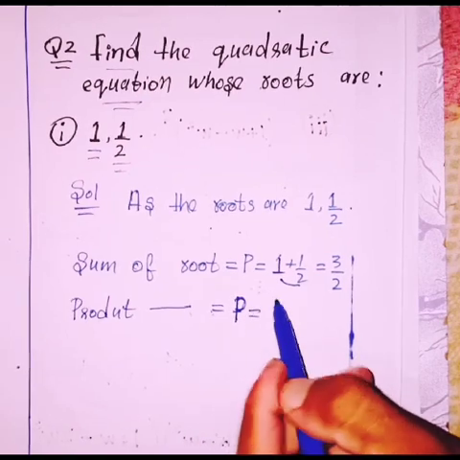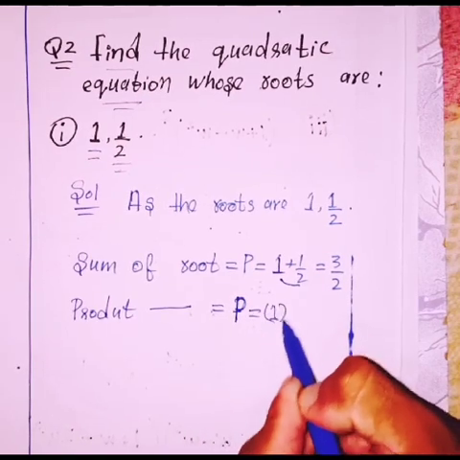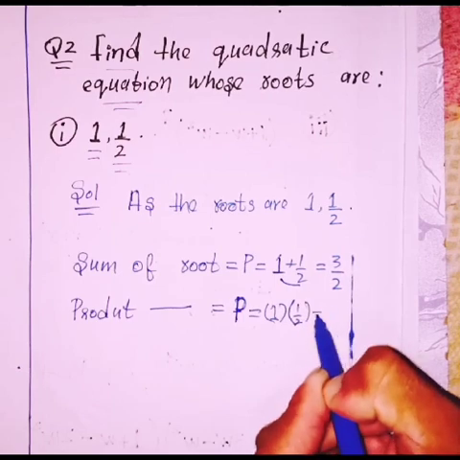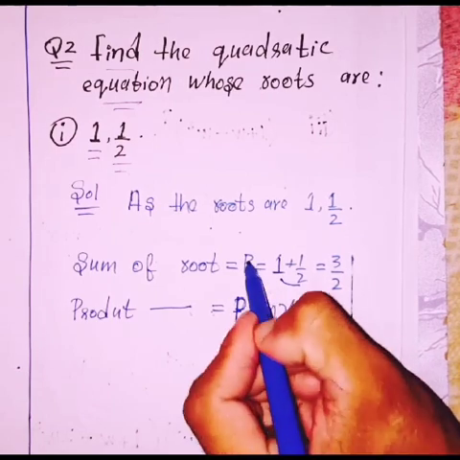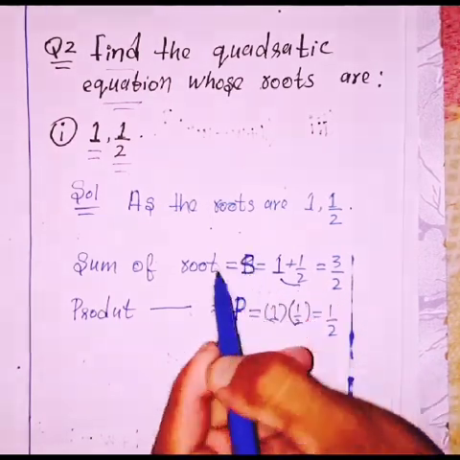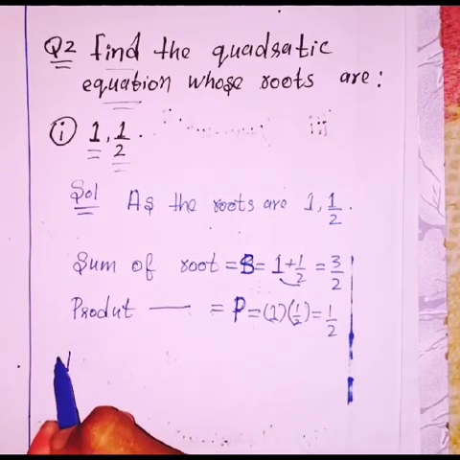The product we represent by p, so 1 into 1 over 2 is equal to 1 over 2. This is s, because we can represent the sum by s.